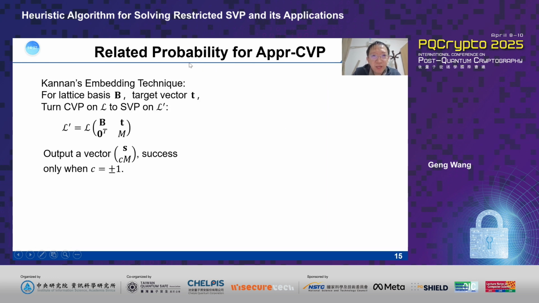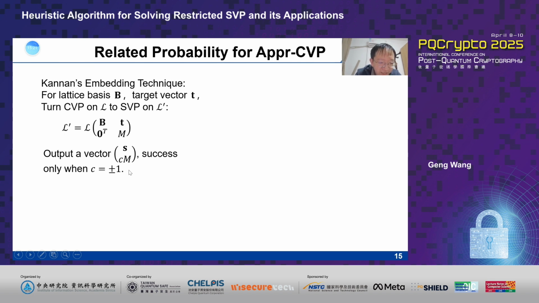Next, we use RSVP to solve approximate CVP. Approximate CVP can be turned into approximate SVP by the Kannan embedding like this, given a certain embedding parameter M. SVP on this lattice can output a vector whose last element is C times M. This vector corresponds to a correct solution to CVP only when C equals 1 or minus 1.